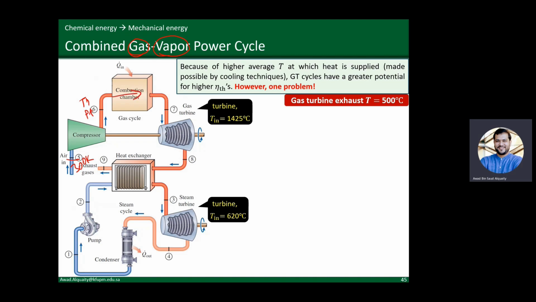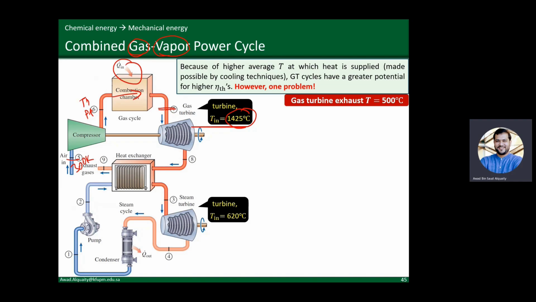Then it goes through this combustion chamber where a lot of heat is added essentially from an external source, the way we model it. And basically we have hot gases at temperatures approaching 1425 degrees Celsius going and expanding within the turbine. So this is a very high temperature, and this essentially forms the upper limit, or the average temperature of heat addition, right?